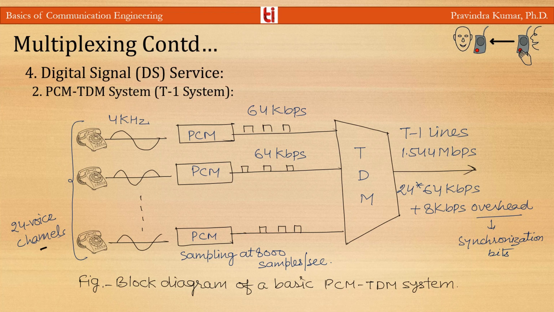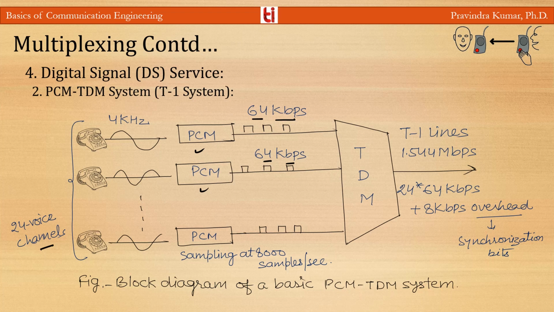When a large number of PCM signals are to be transmitted over a common channel, multiplexing of these PCM signals is required. This figure shows the basic TDM scheme for the PCM voice channels, and this is known as the T1 digital system. And here you can see there are 24 voice channels, and they are combined, and before the combination we use pulse code modulation, which uses 64 kbps.